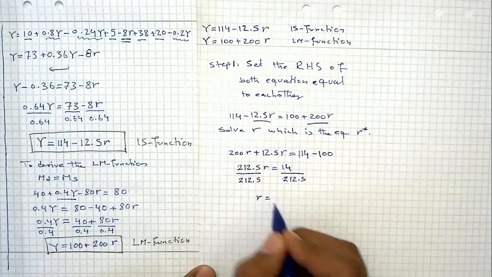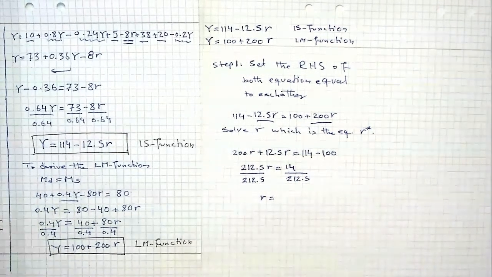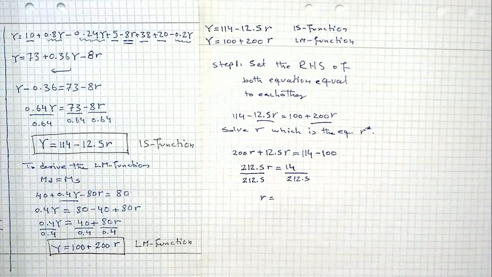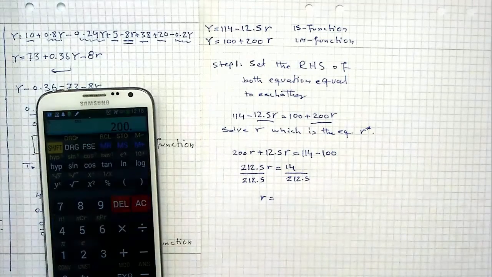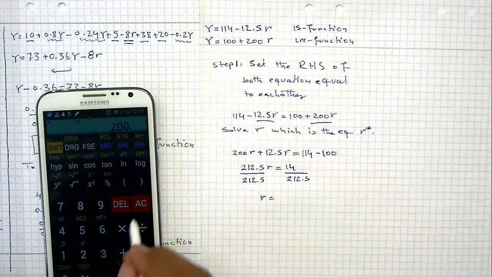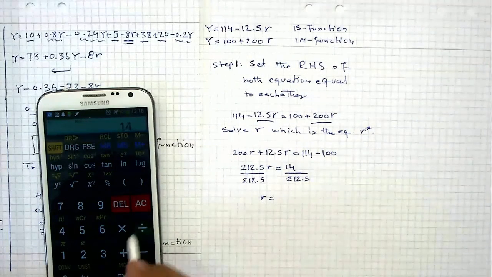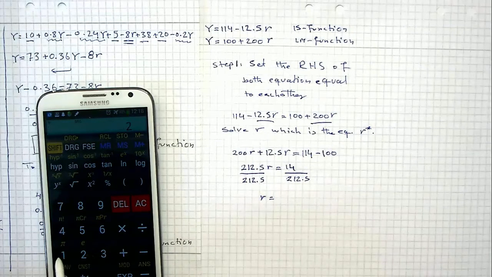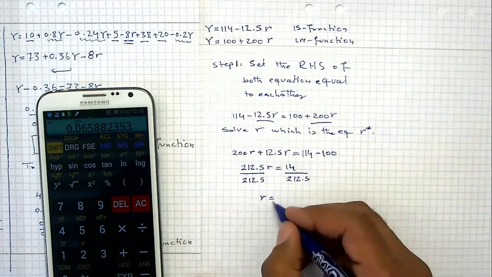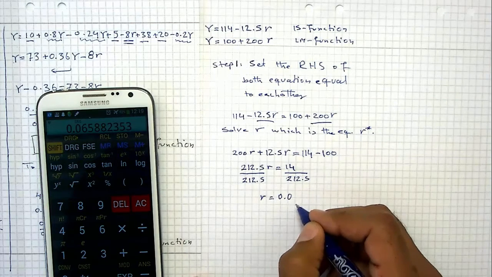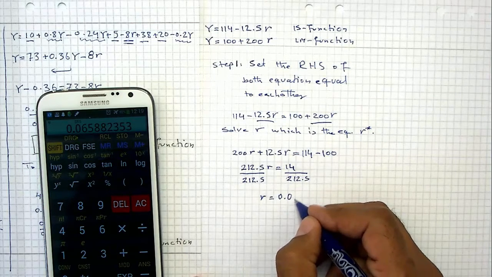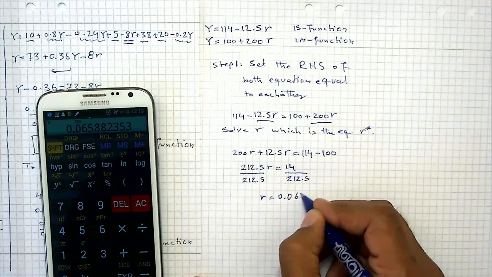So r will be equal to 14 divided by 212.5, and that is the interest rate, 0.0, I can round it to 0.066.